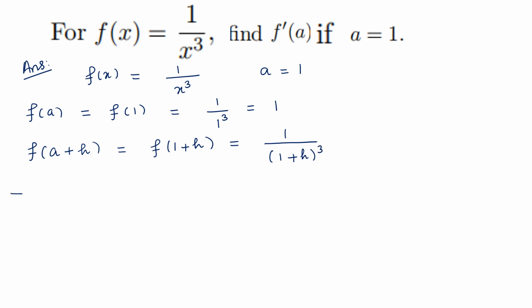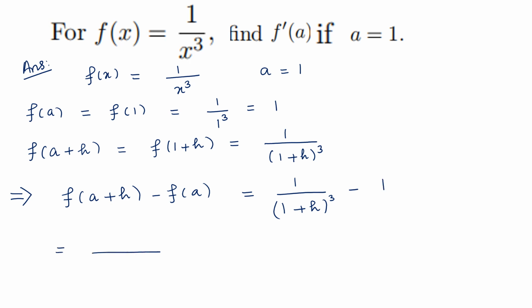This gives, now we have to subtract this. f of a plus h minus f of a equal to 1 divided by (1 plus h) cube, minus f of a, which is 1.